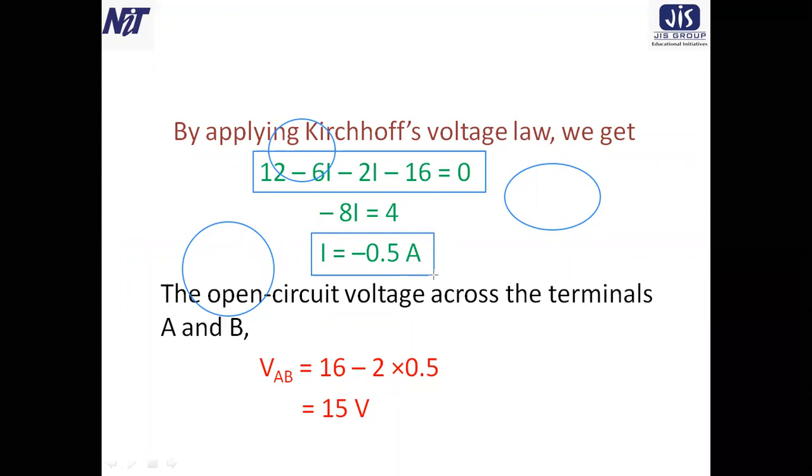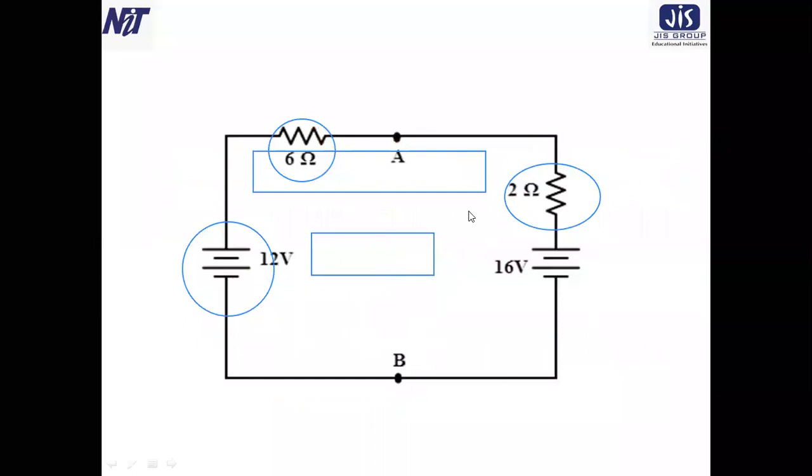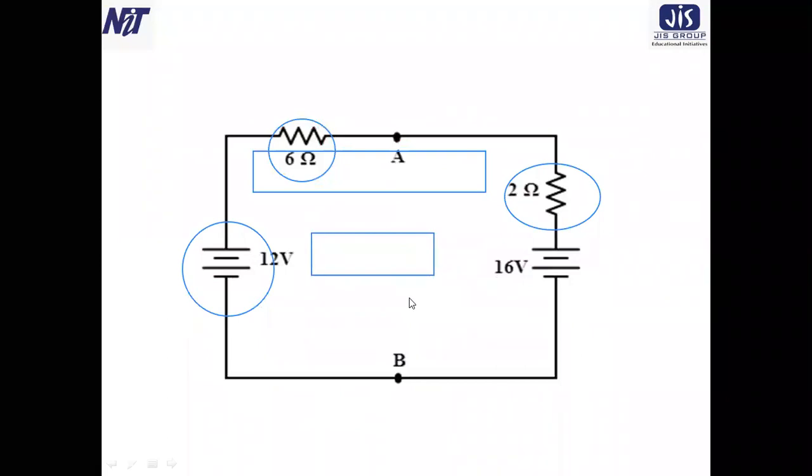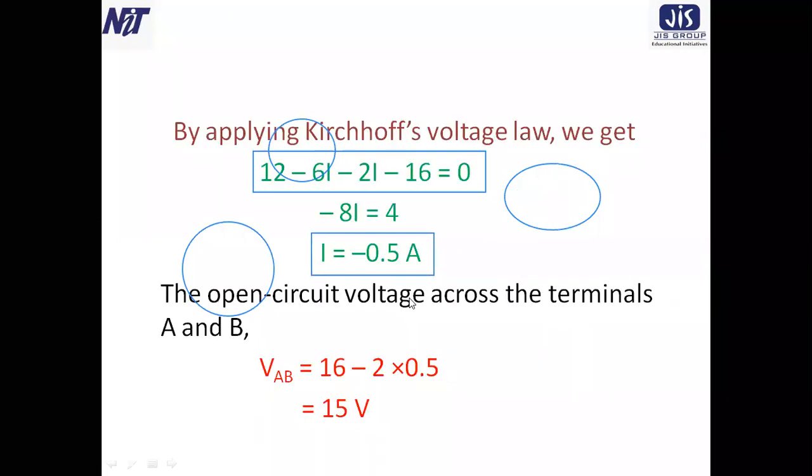The open circuit voltage across the terminal AB: what will be the voltage for this case? The open circuit voltage is 16 minus 2 into 0.5. Why 2 into 0.5?